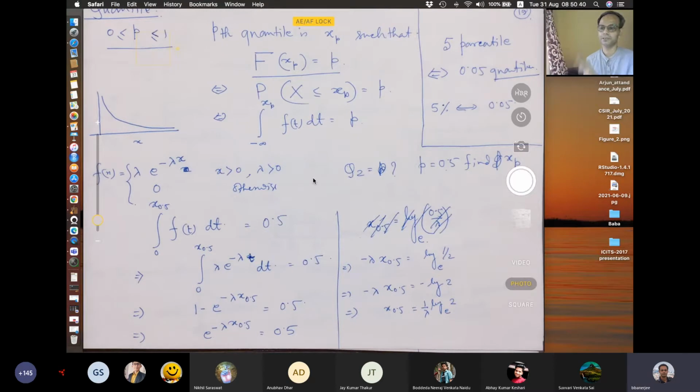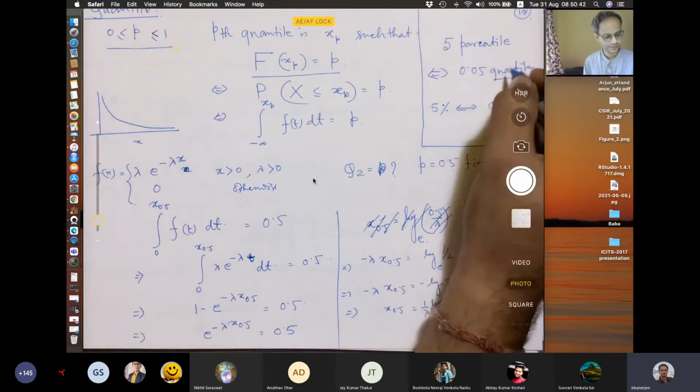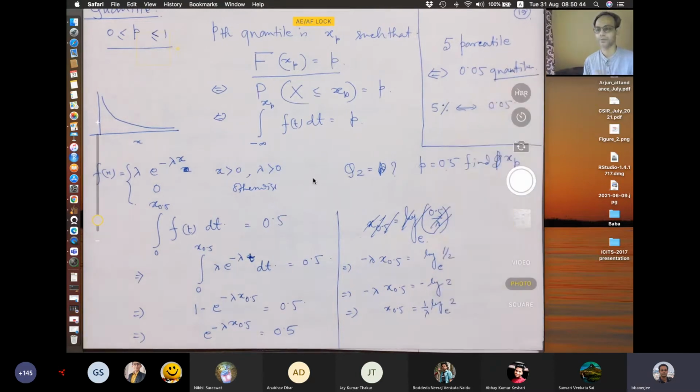Because people often are not aware of probability, but the percentage notion is very common for laymen. So things are often described in terms of percentile. So maybe the score of NET exam, GATE exam, or IIT JEE exam.